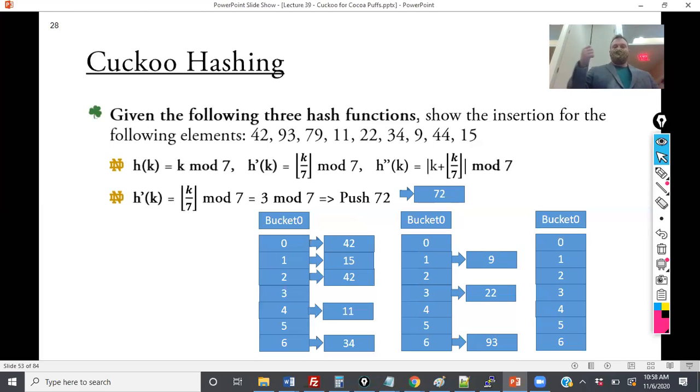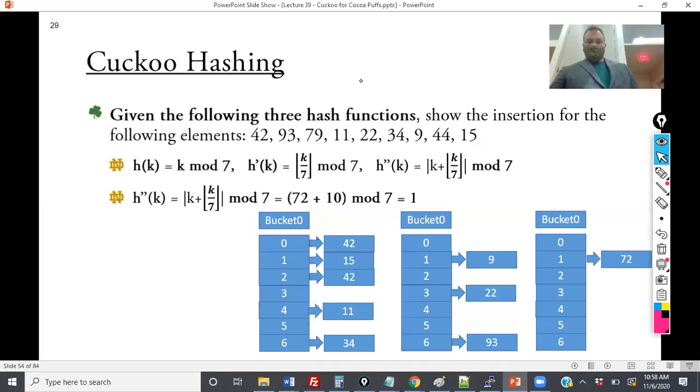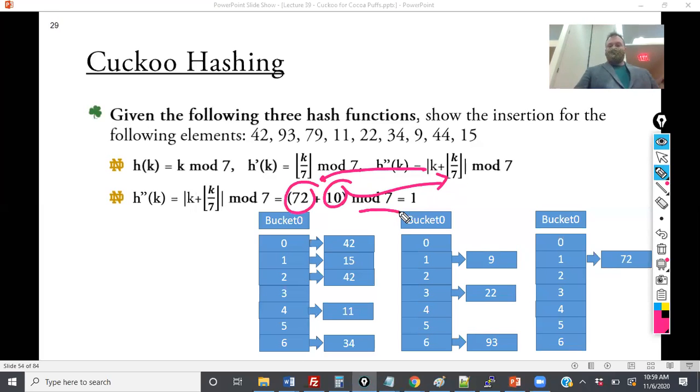And then we'll do 82 mod 7, which will then be put into the third array. See that? So we have 72, we got 10 from here, then 72 plus 10 mod 7 gives us 1. Does anybody have any questions about that?